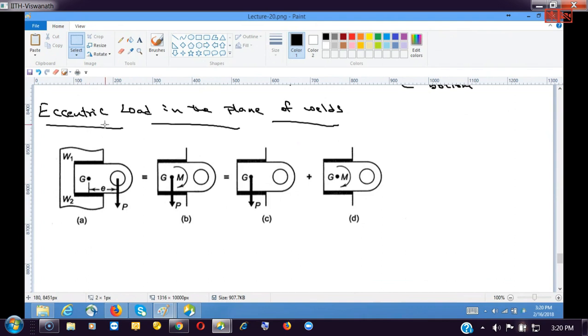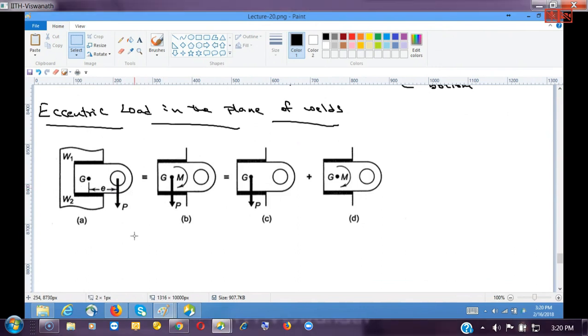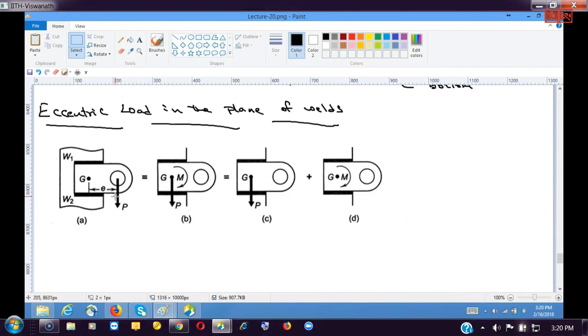So we can convert this as a load acting at the center of gravity and also a moment equivalent to P times E acting at the center of gravity.